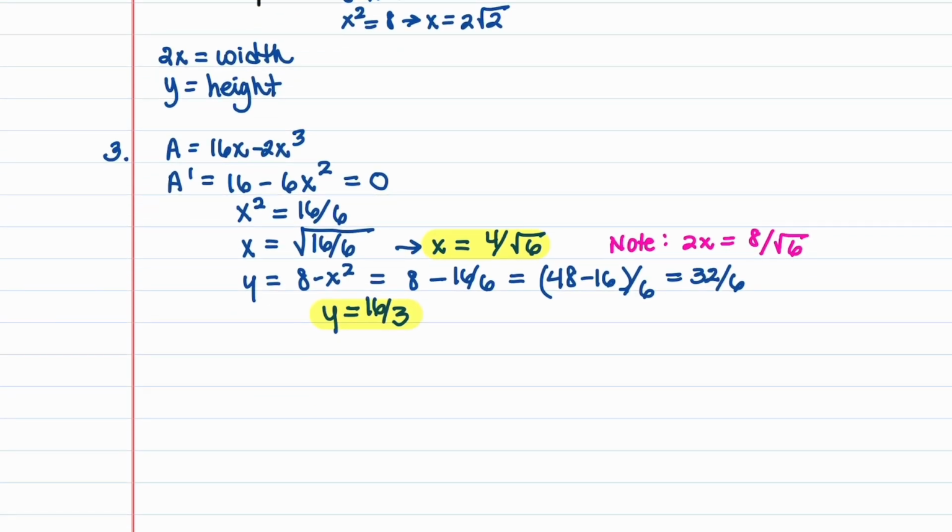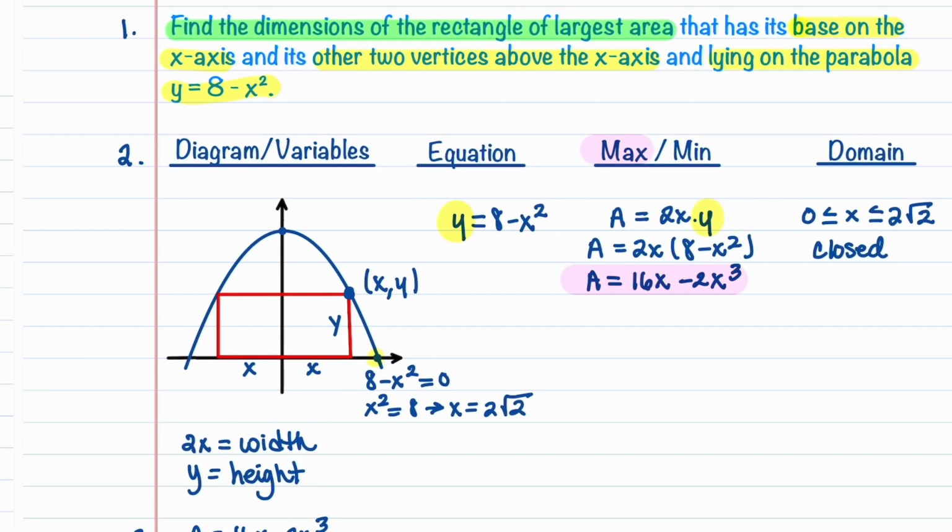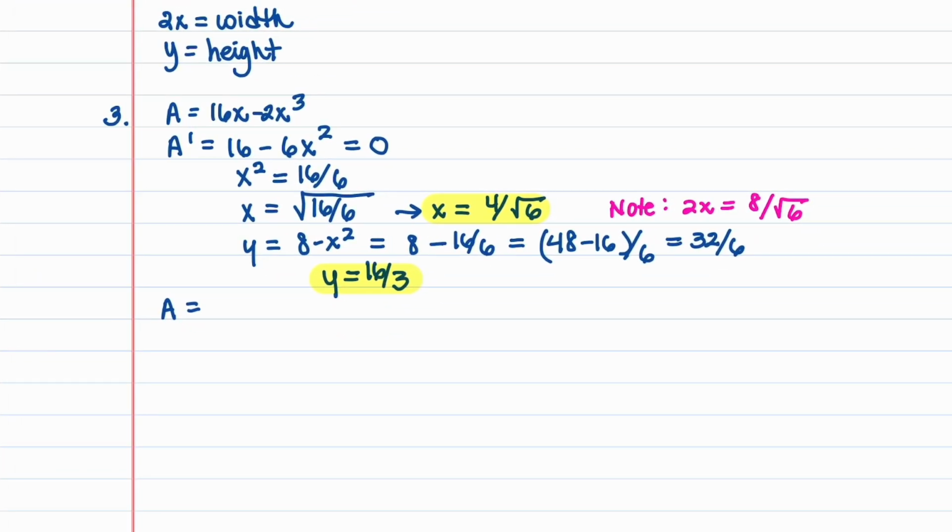What we want to do now is find what our area is equal to. Our area, going back up to the top, is 2xy. We could have used the formula for area that I just wrote down in step 3, but that one's actually harder. So let's use the formulation 2xy, and let's plug in x and y.